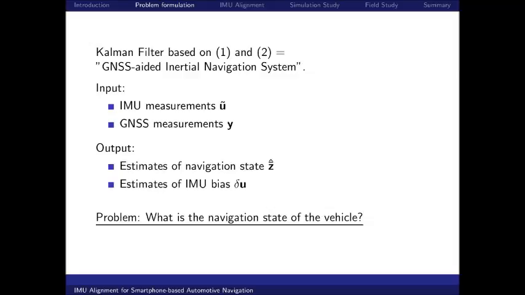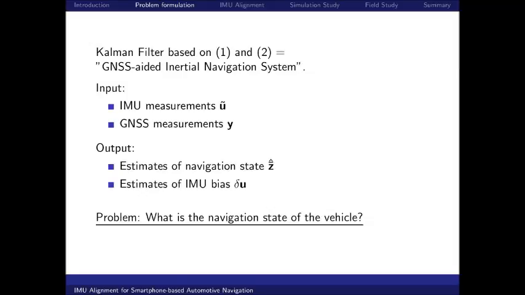We can now implement an extended Kalman filter based on this state space model, and that would be what we typically call a GNSS-aided inertial navigation system. To summarize, this filter takes IMU and GNSS measurements as input, and then provides us with estimates of the navigation state and of the IMU bias.